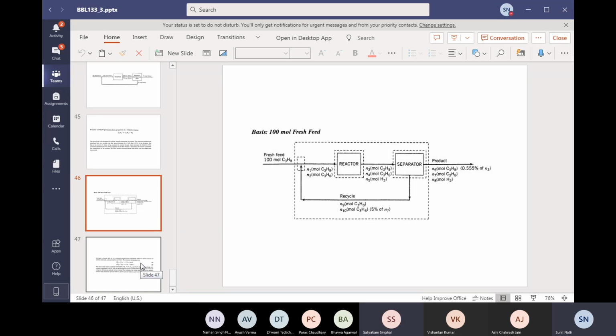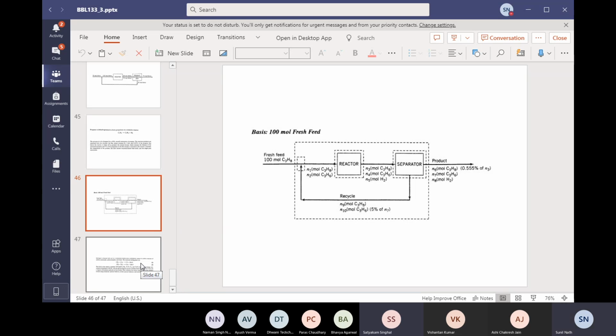Now you just have to find N10, which you can do because you have been told what the composition is of that stream. 5% of the propylene in the product stream is recycled, so you should use that.